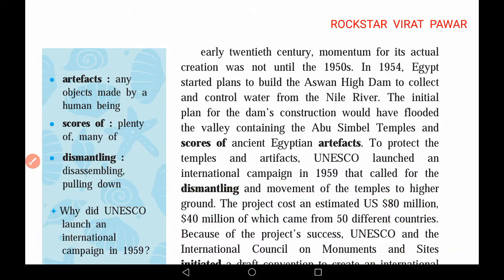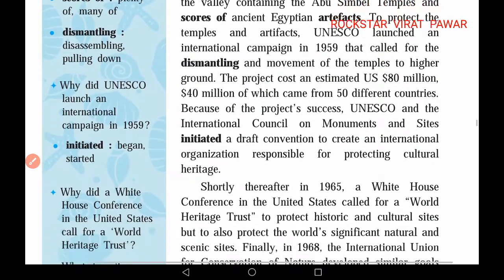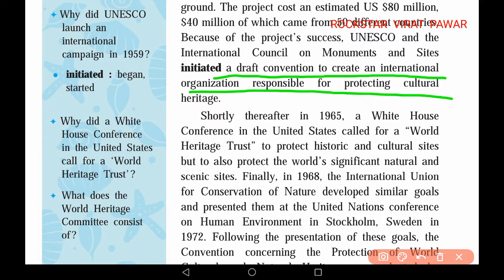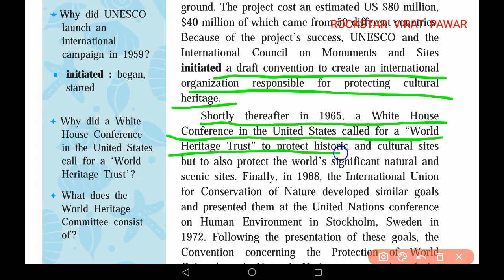Because of the project's success, UNESCO and the International Council of Monuments and Sites initiated a draft convention to create an international organization responsible for protecting cultural heritage. Shortly thereafter, in 1965, a White House conference in the United States called for a World Heritage Trust to protect historic and cultural sites, and also the world's significant natural and scenic sites.